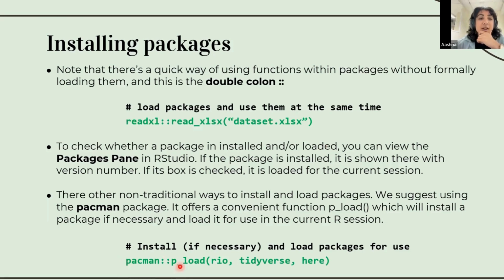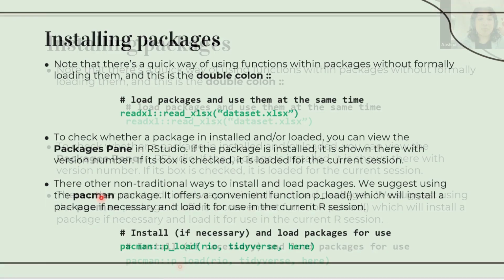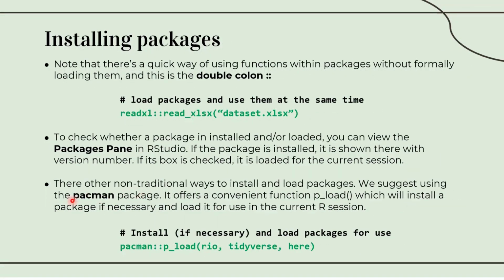There are also other non-traditional ways to install and load packages. So what you can do is just quickly type pacman and use this double colon and then p_load any of the packages you want. So you can see the difference between this version of loading the package where you need to put the quotation mark.